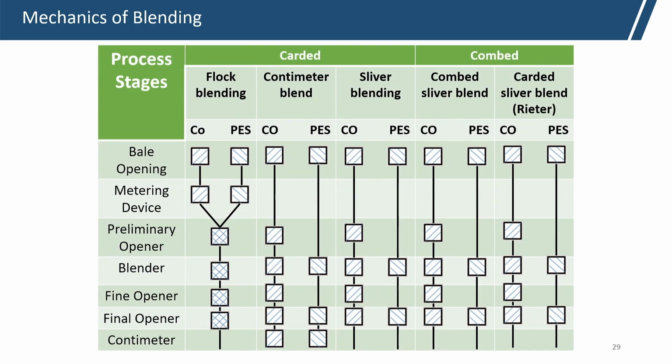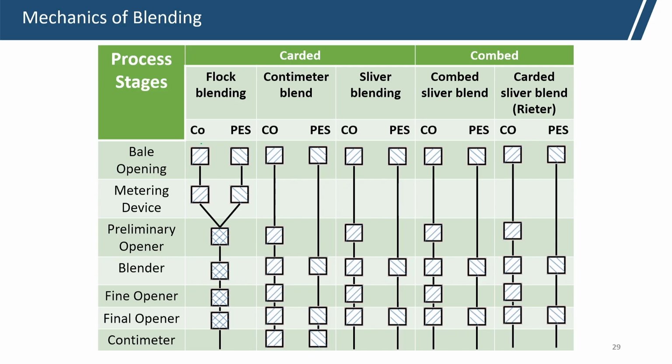Now, you can see the process sequences. As we have discussed, this is for the carded cotton variety and the combed cotton variety. There are two types of blending we can have: either carded cotton can be used directly, or the combed variety where we want superior quality of product. Now, flock blending is there.